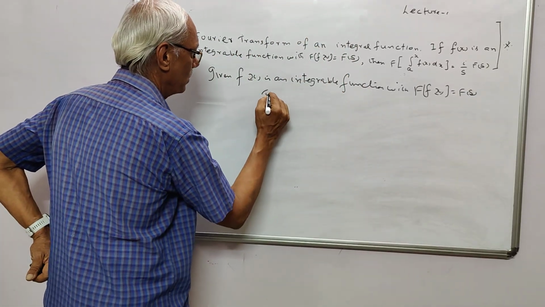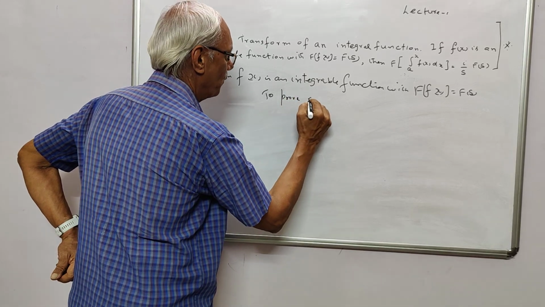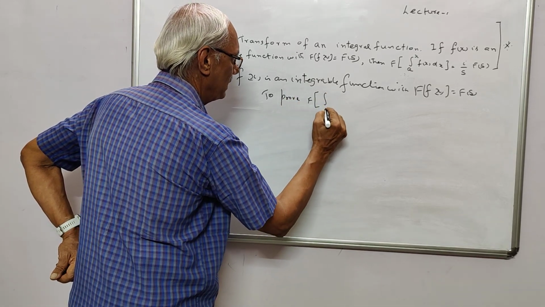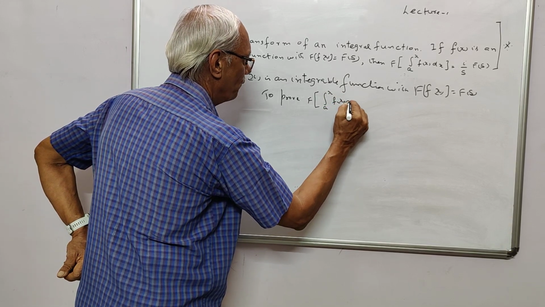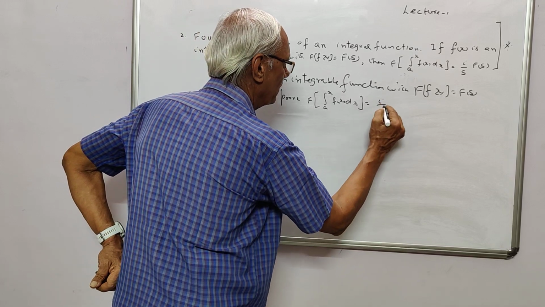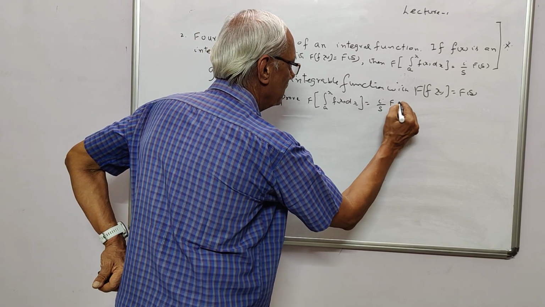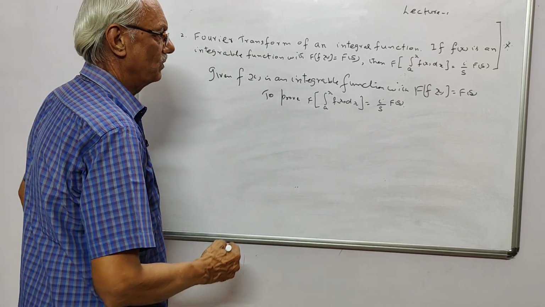To prove: the Fourier transform of the integral from a to x of f of x dx is equal to 1 by is into F of s. So this is what we have to prove.